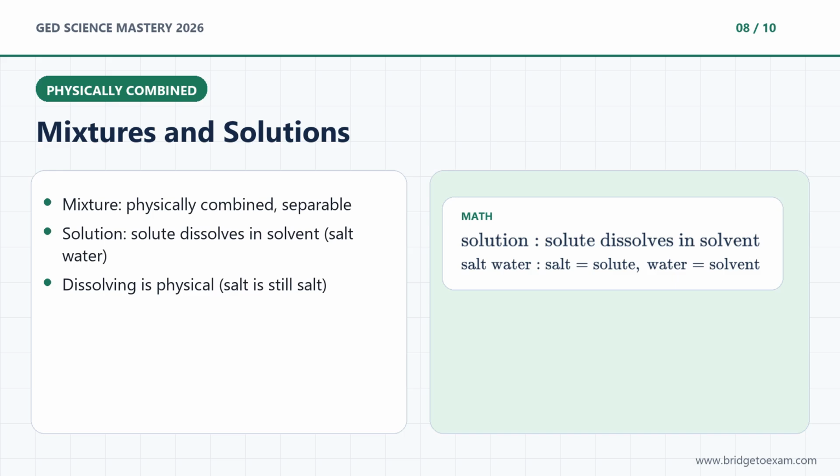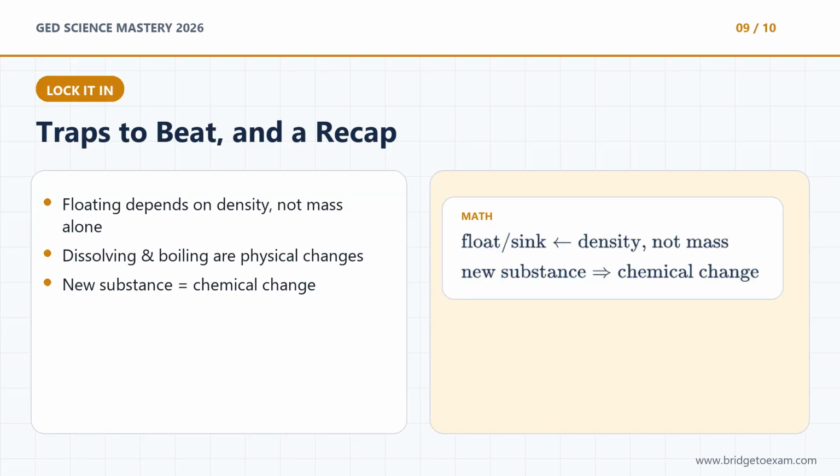In salt water, the salt is the solute, the thing that dissolves, and the water is the solvent, the thing that does the dissolving. And here is a trap. Dissolving salt is a physical change, not chemical, because the salt is still salt, and you can get it back by evaporating the water.